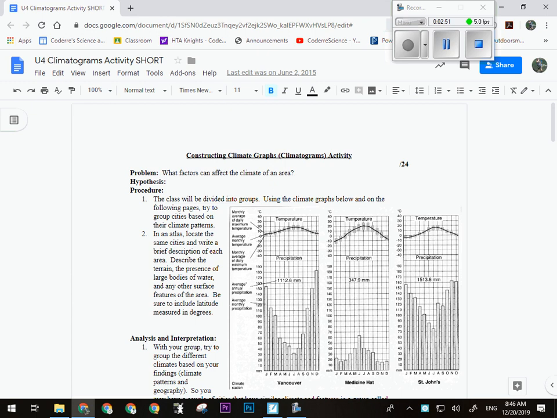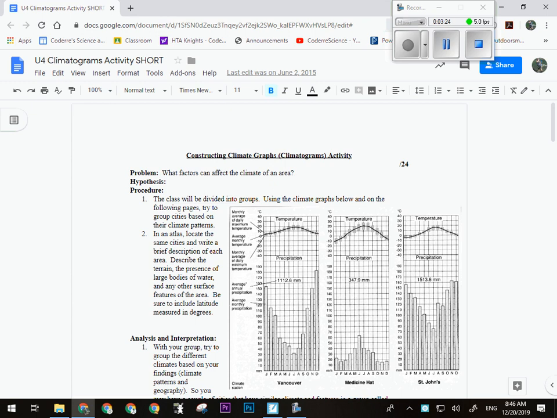The and part of our hypothesis is simply a data comparison. We're comparing the climate data for Canadian cities. In the then part, I want you to predict some of the patterns you're going to see. I'll give you one that you can use: coastal cities are going to tend to have milder, wetter climates.